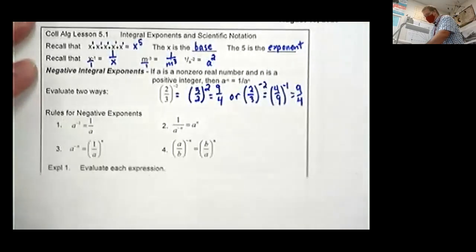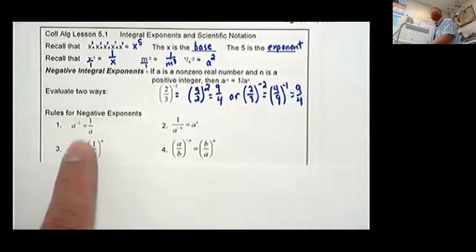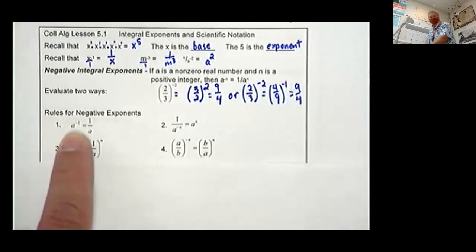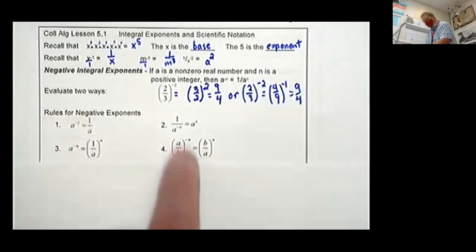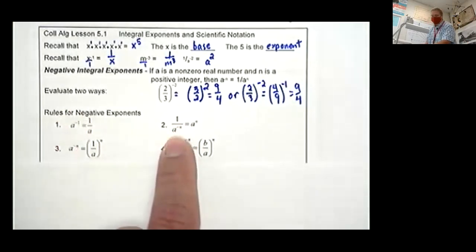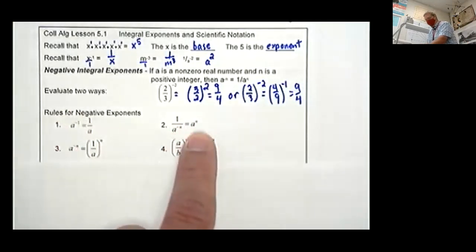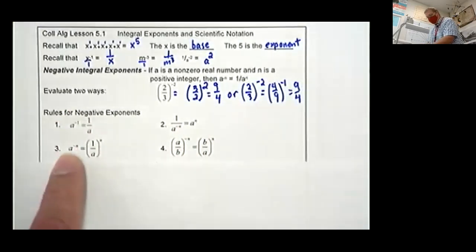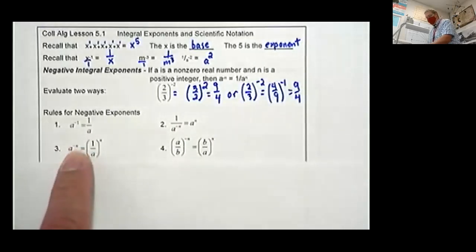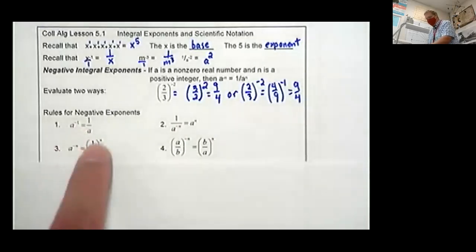We have rules for negative exponents. Again, here's our basic rule. Anything to the negative first power becomes a reciprocal, 1 over a. The reverse is true. If 1 over a to a negative power, then that takes the base from the denominator back to the numerator, a to the positive n power. A to the negative n, then again, if we have something that is not a 1, it works the same as 1 over a.